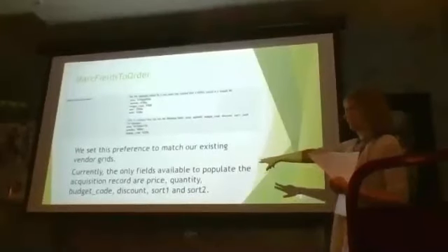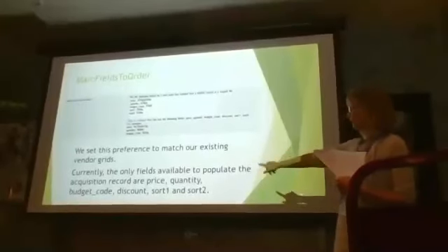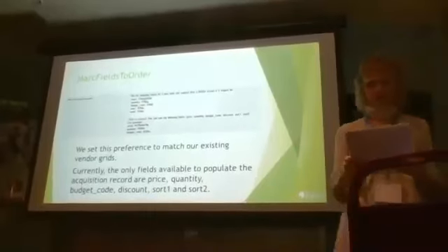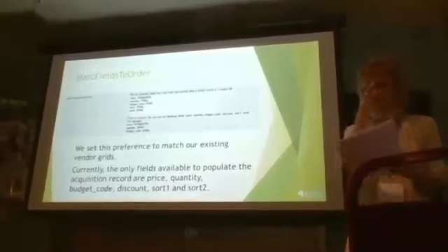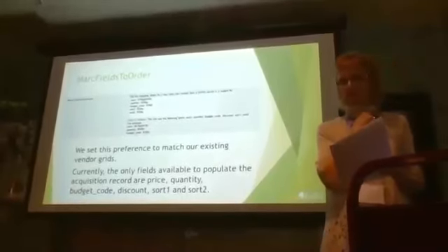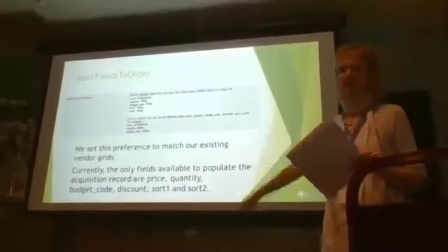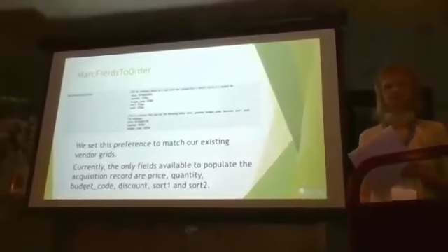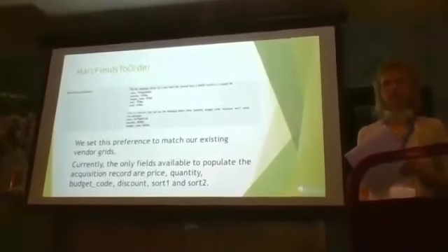But the only fields that are available to populate are price, quantity, budget code, discount, sort 1, and sort 2. Yeah, so in 1705, that's a Great Lakes standard. Okay, so this must have been 1611 that I looked at. The other thing with 1705 is it will allow you to create multiple items when you order.